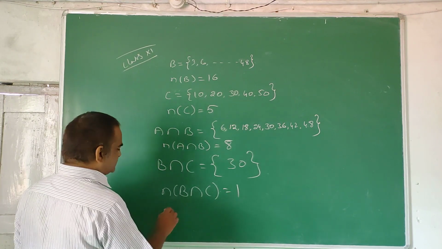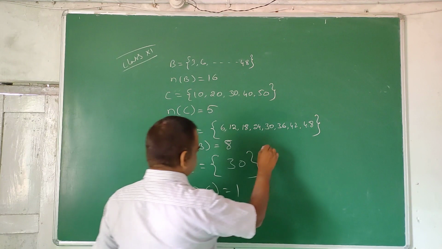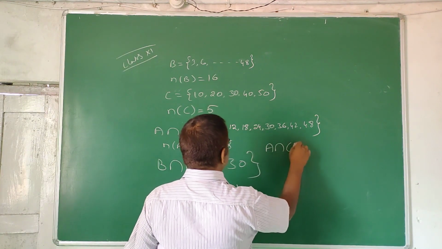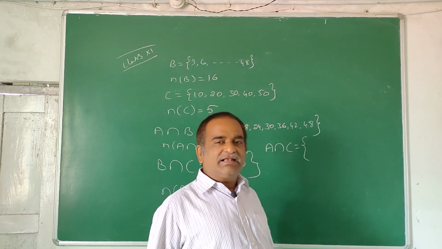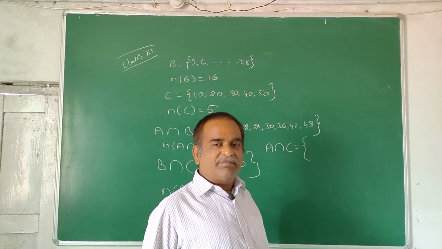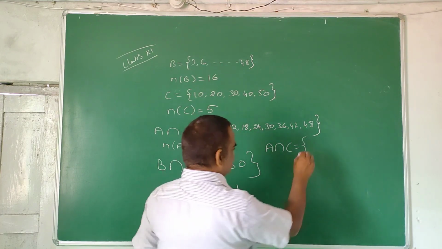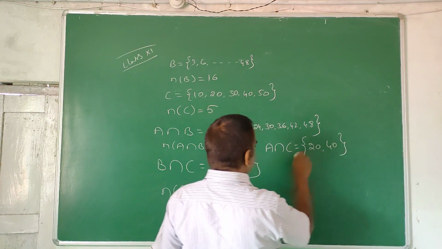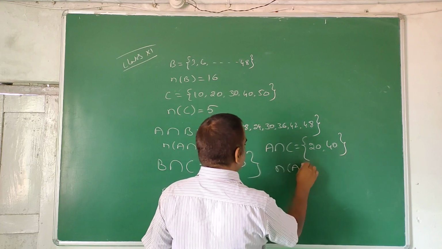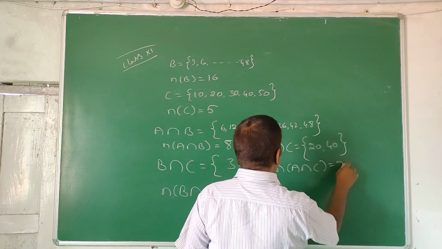Next, A intersection C. It's a multiple of 2 as well as a multiple of 10. So it is a multiple of 20. So you have 20, 40. So n(A intersection C) equal to 2.